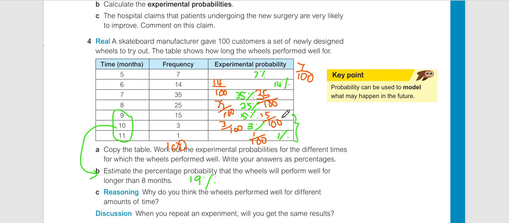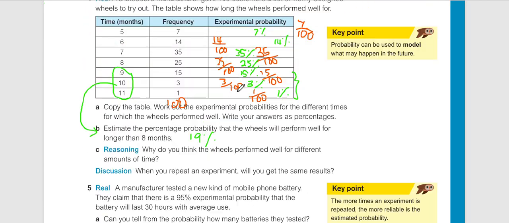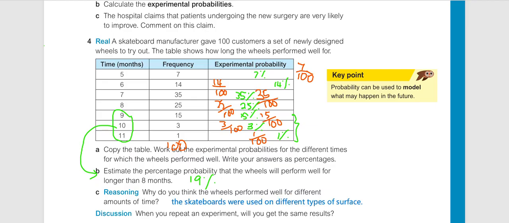For those who need the reasoning, you can write down the answer: the skateboards were used on different types of surface.